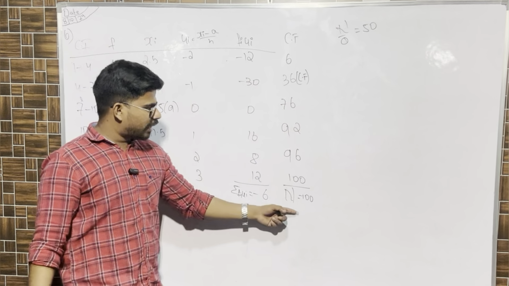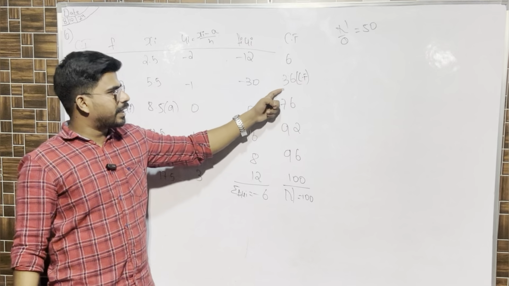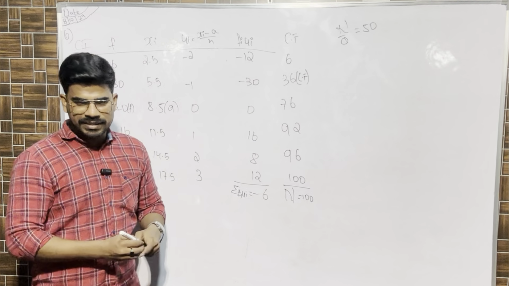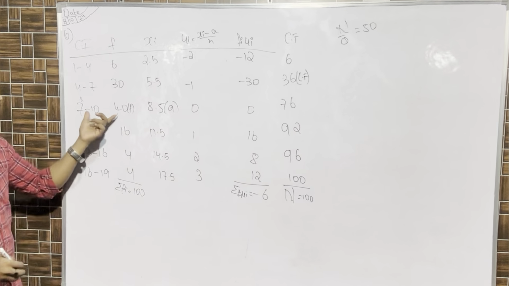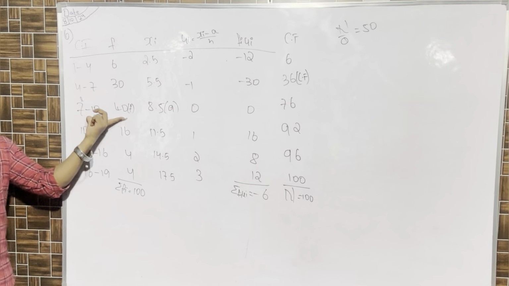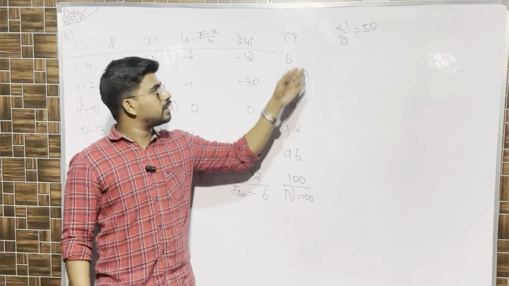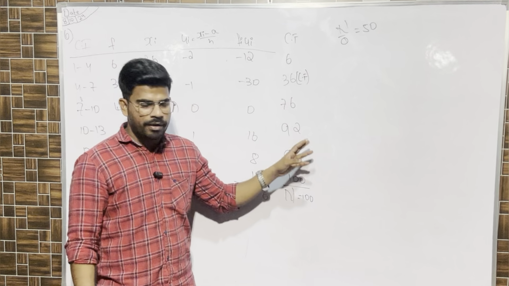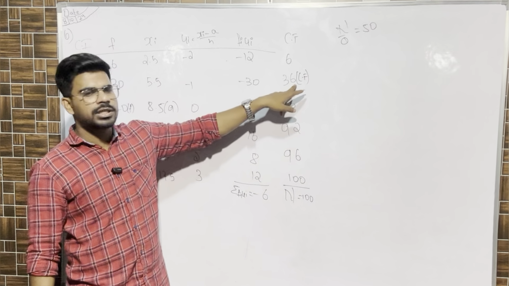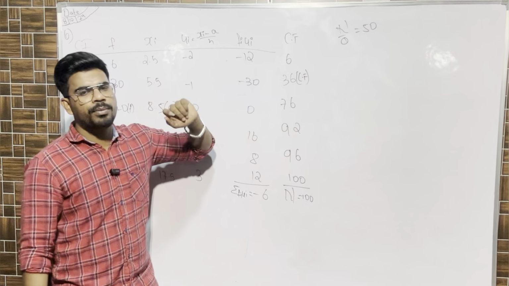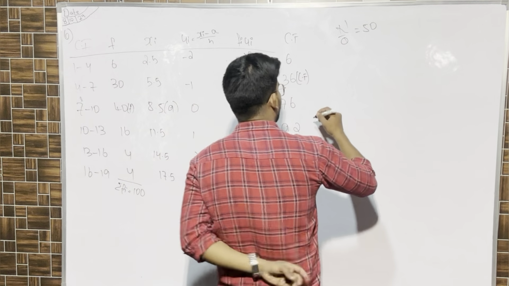We check the value of n by 2; it is greater than 36 but not greater than 76. We take this row and get the values of L and F. We get the cumulative frequency from the cumulative frequency column itself: the term just preceding the one containing n by 2. Note down all the values and substitute in the formula.